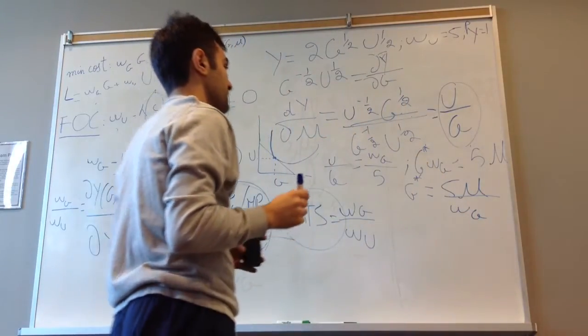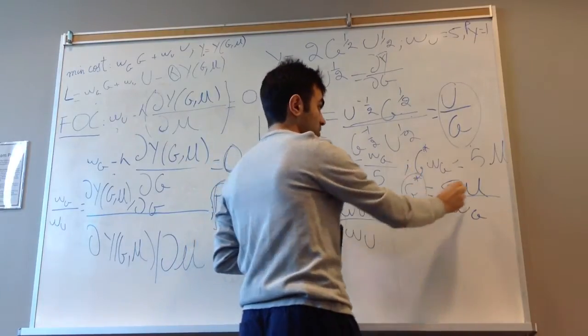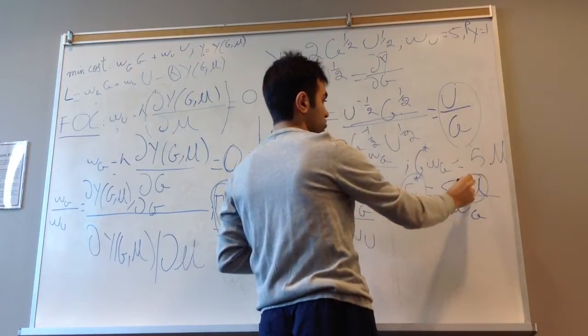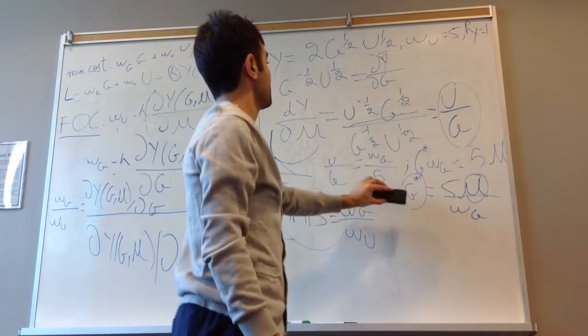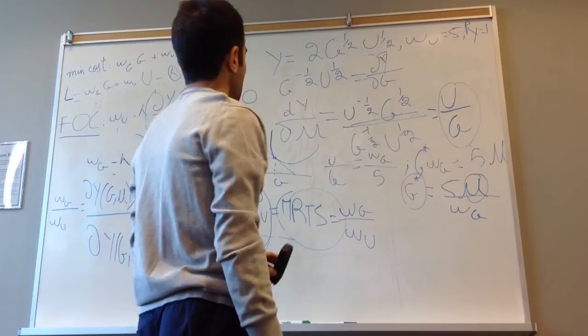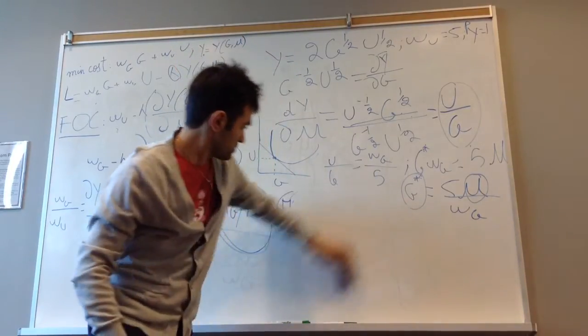Since we need to find G in terms of y, we have to find U in terms of y and substitute it into this formula we got here.